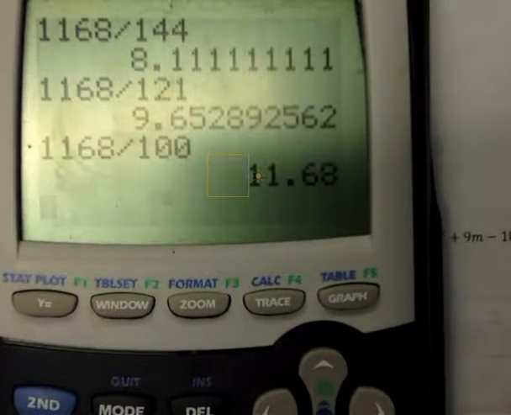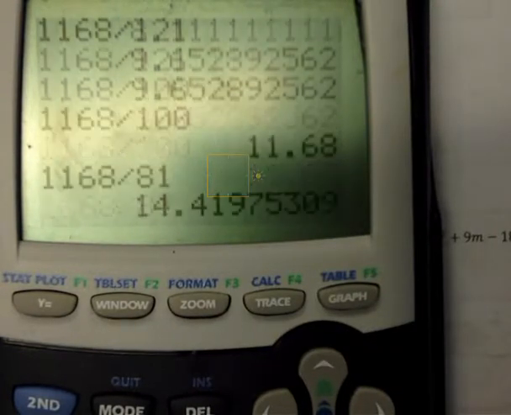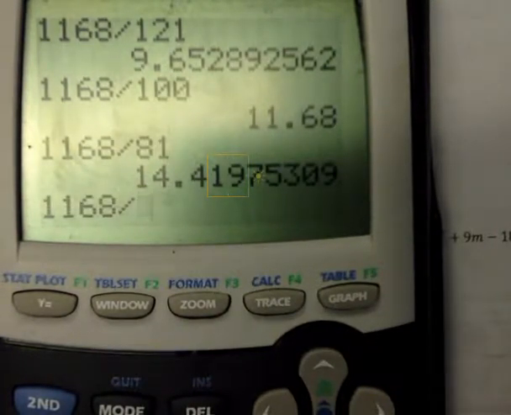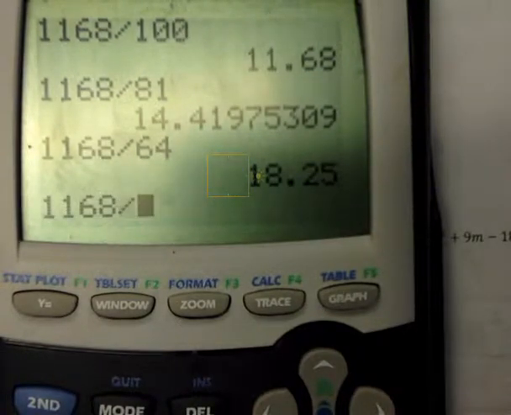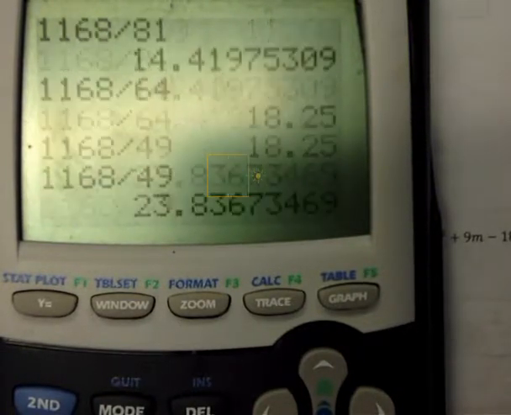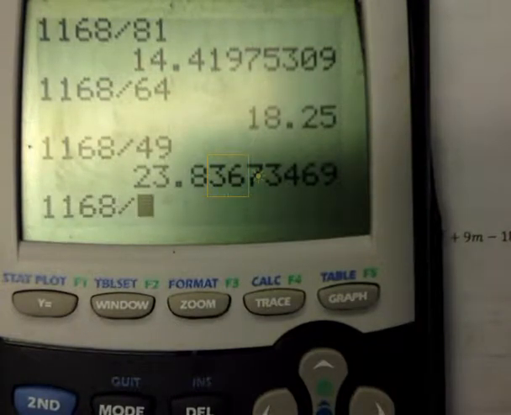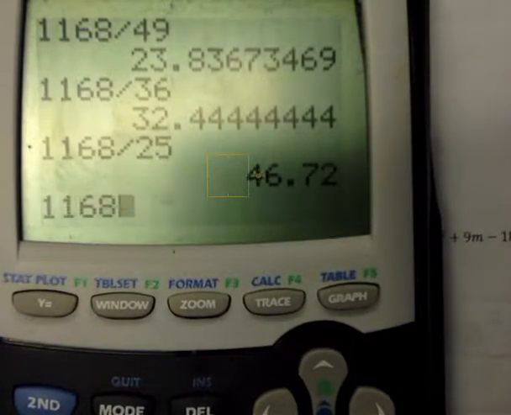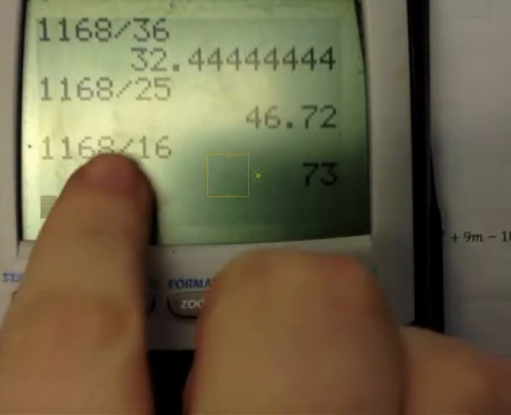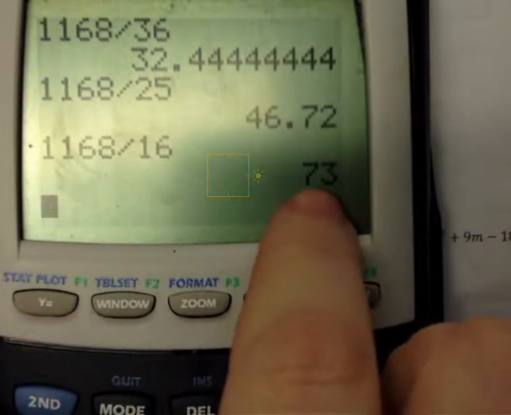We know that won't work. 9 squared is 81. 8 squared is 64. 7 squared is 49. 6 squared is 36. 5 squared is 25. 4 squared is 16. 16 works, but it's 73.